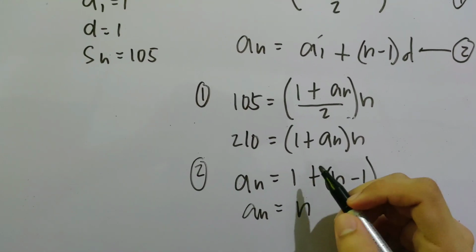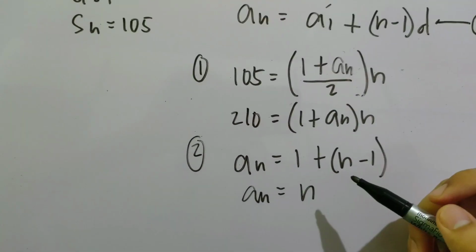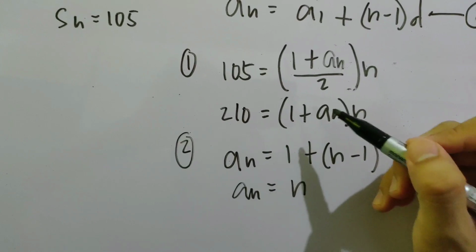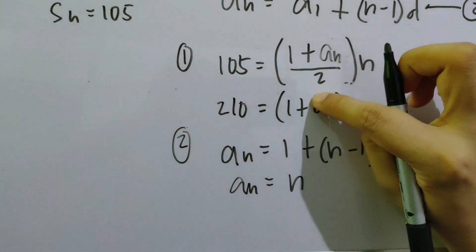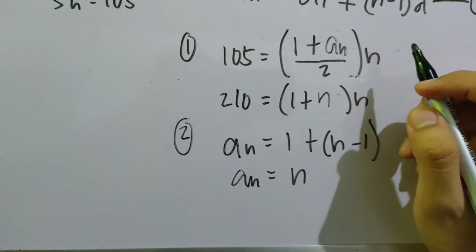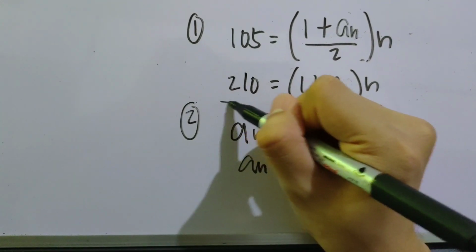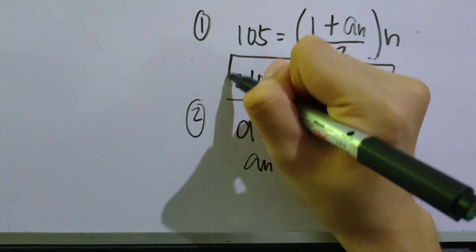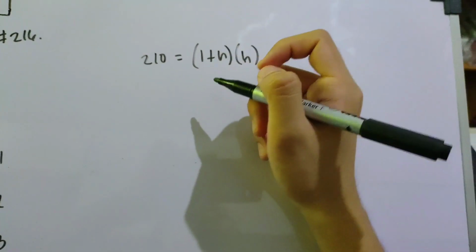Ngayon naman, since n ang hinahanap natin, dapat An ang eliminate natin. So palitan na natin yung An dito. Gawin na nating n. Kasi the same lang yung An tsaka yung n natin. So one equation with one unknown na lang tayo. Masasolve na natin yung n dito. So, ito na yung equation natin.